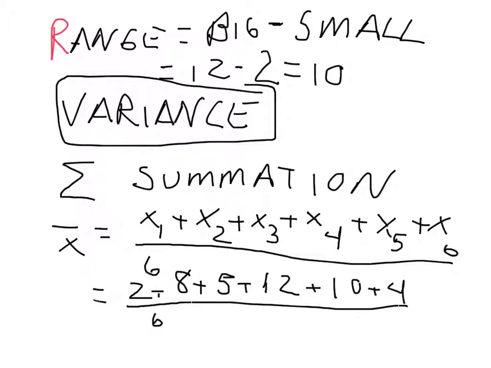But that's the same as saying the summation of the x's over 6. Well, we know how to do that. That's just your 41 over 6, which is your 6.83, which we saw a minute ago.